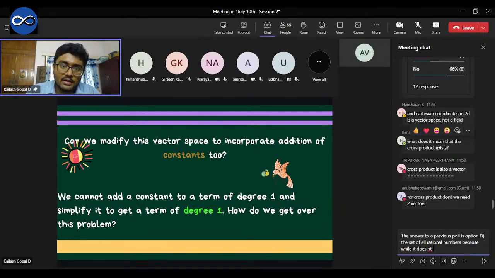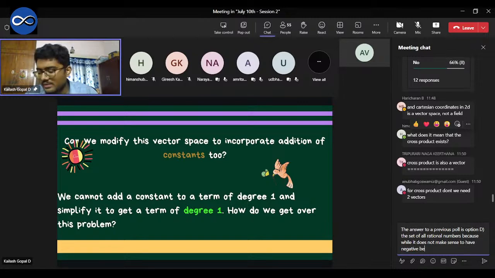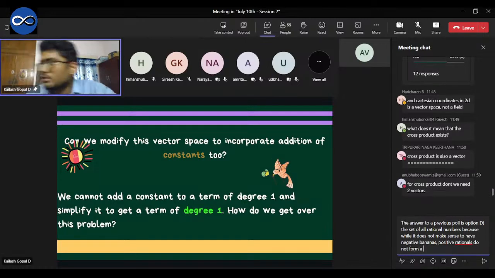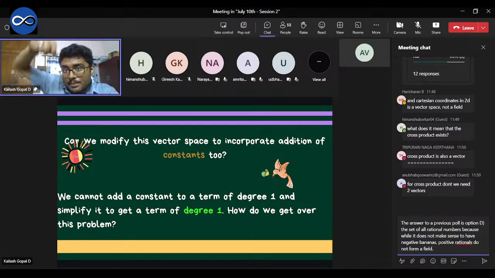We need to define the set of vectors we are talking about to define the operation perfectly. For example, we can't define adding a constant for the set of all homogeneous linear equations, but we can do that if we talk about polynomials. One way to see this is you consider x as one direction and 1 as the other direction, and if I add a constant, I'm adding it in a perpendicular direction.